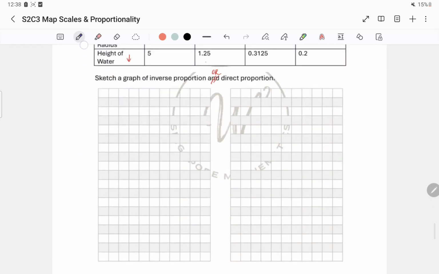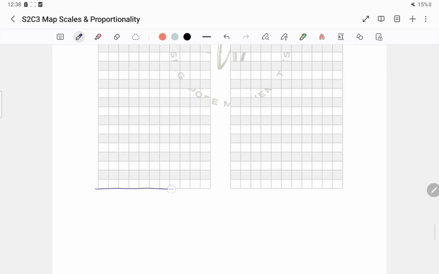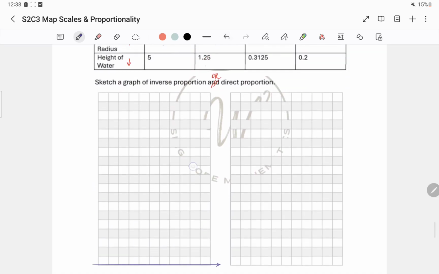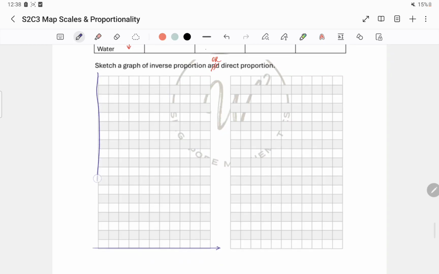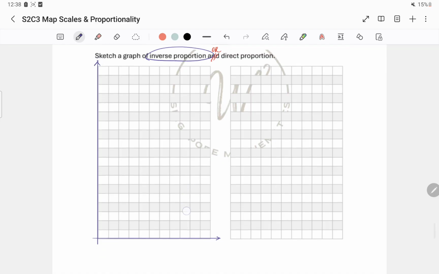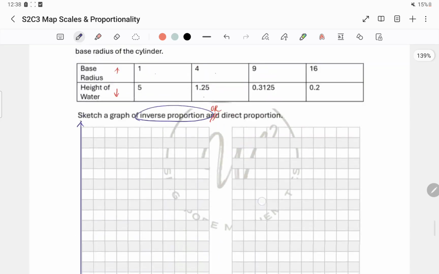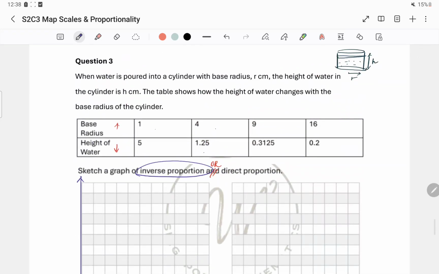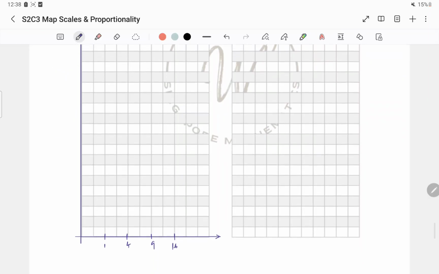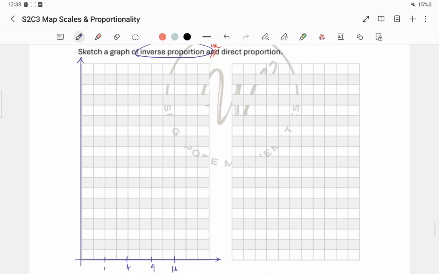So I'm going to plot 1, 4, 9, 16 on the bottom. Because we are just choosing inverse proportion, I have 1, 4, 9, 16 over here. Then I want to put in my values for 5, 1.25, 0.2. You can tell there is a very high value over here.